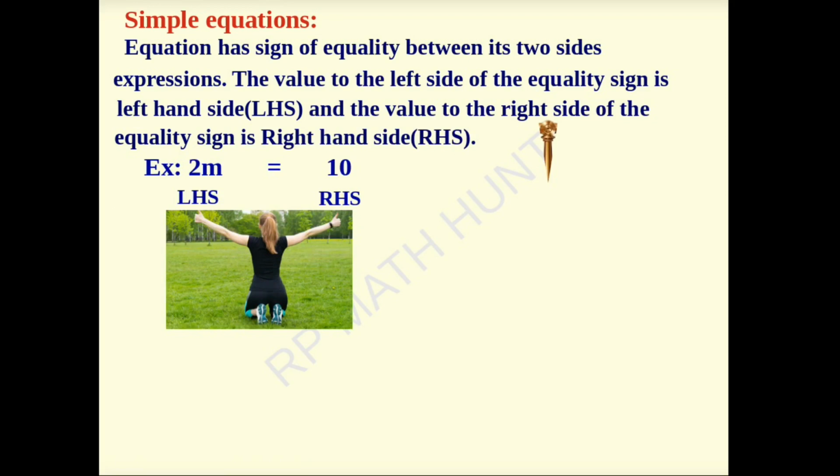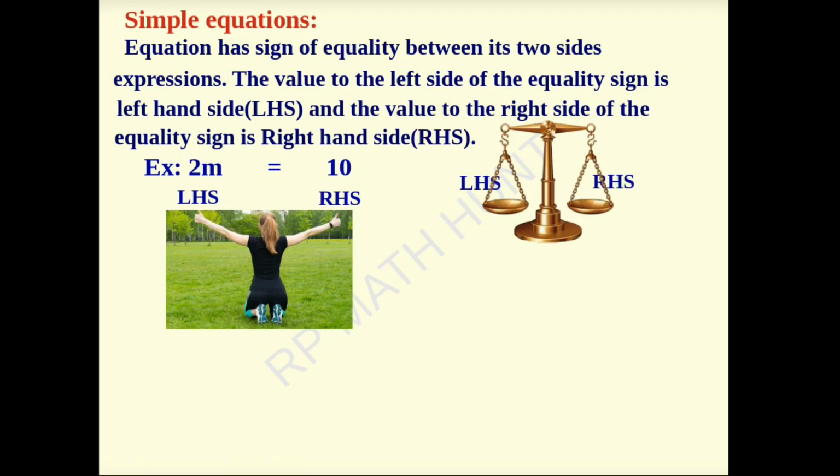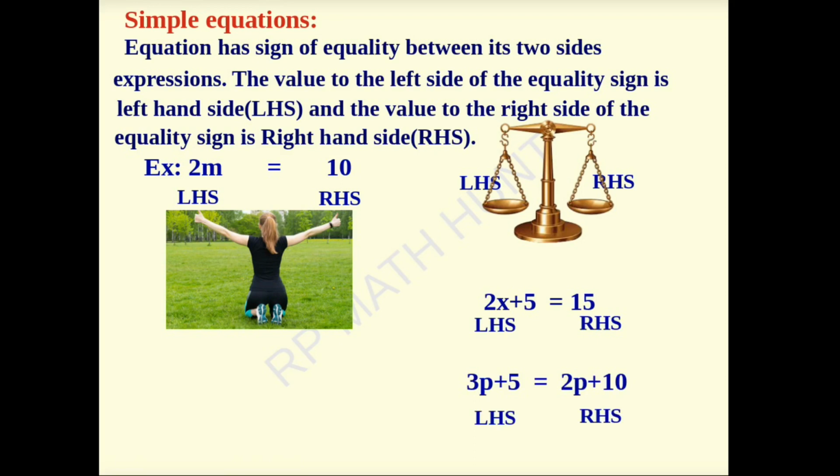What is LHS? 2m is LHS, 10 is RHS. Just like the pans in a common balance, left hand side and right hand side are both equal. 2x plus 5 equals 15, LHS equals RHS. Then 3p plus 5 equals 2p plus 10. Which one is LHS? 3p plus 5 is LHS, 2p plus 10 is RHS.